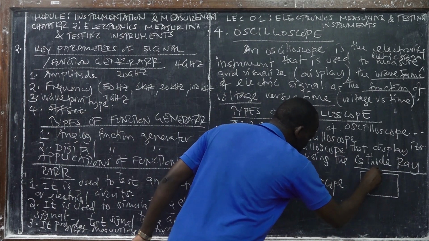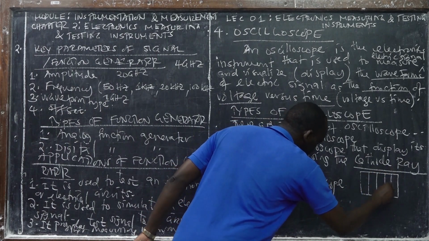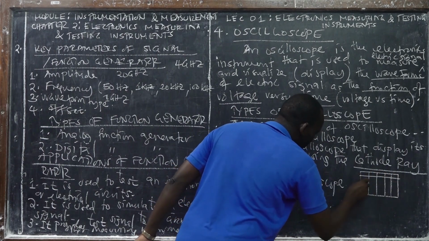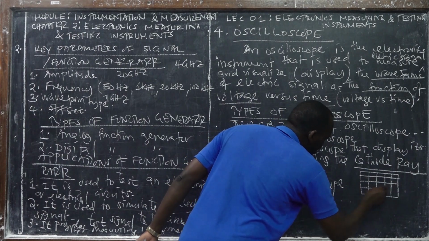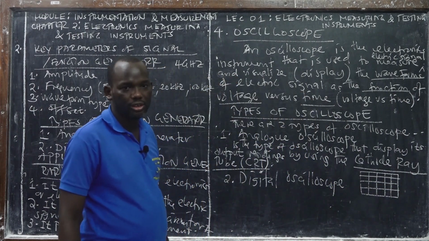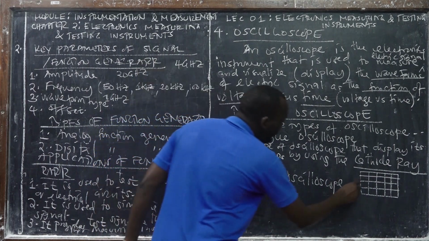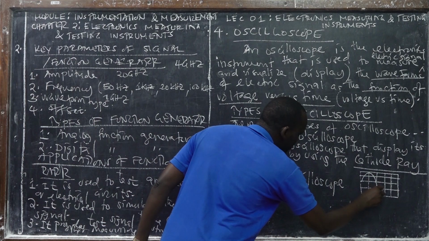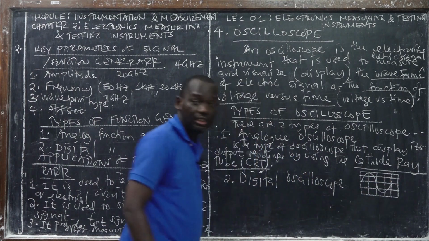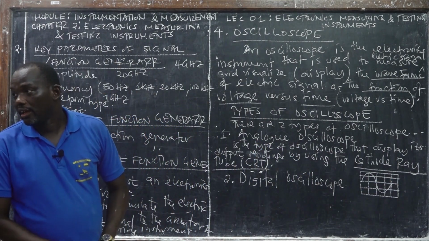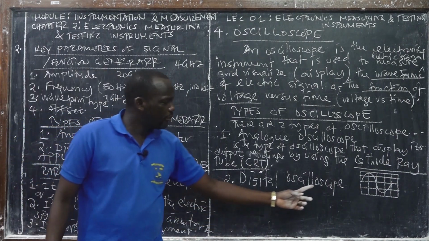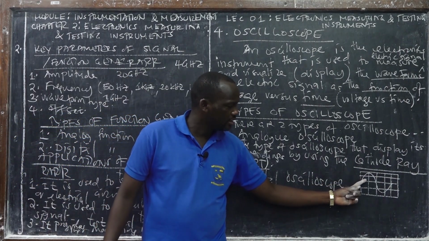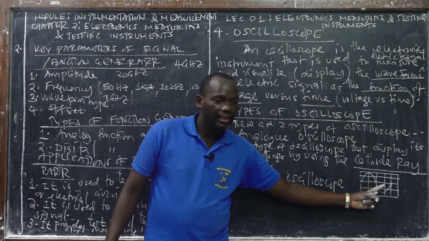Then you have boxes, square boxes. So this is one box, this is another box, this is another box. Okay? So for instance, you have a sinusoidal, just like this one. You see? So how many boxes did this sinusoidal cover? 1, 2, 3, 4.